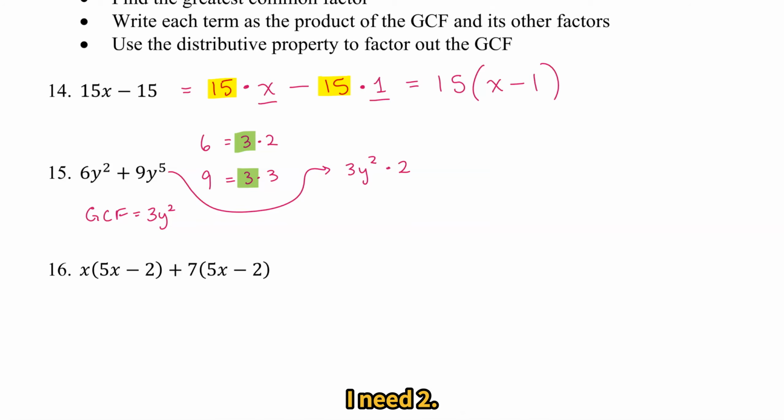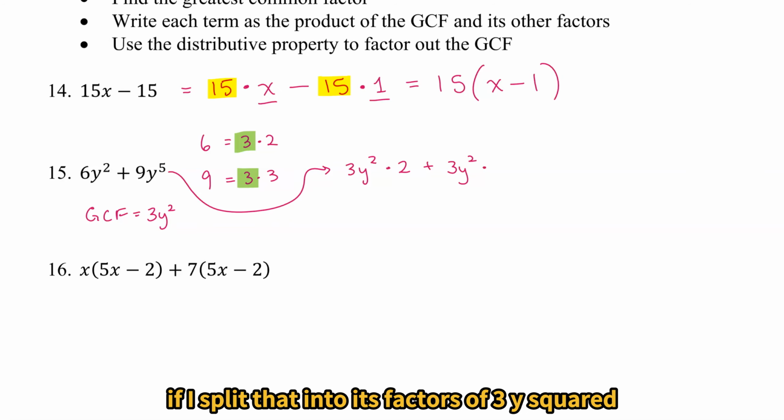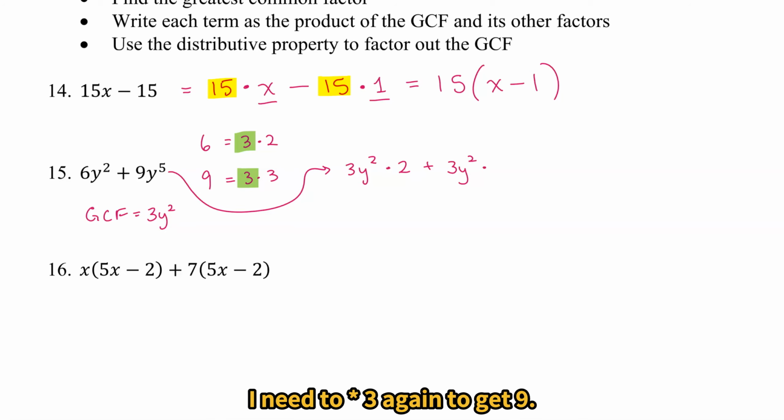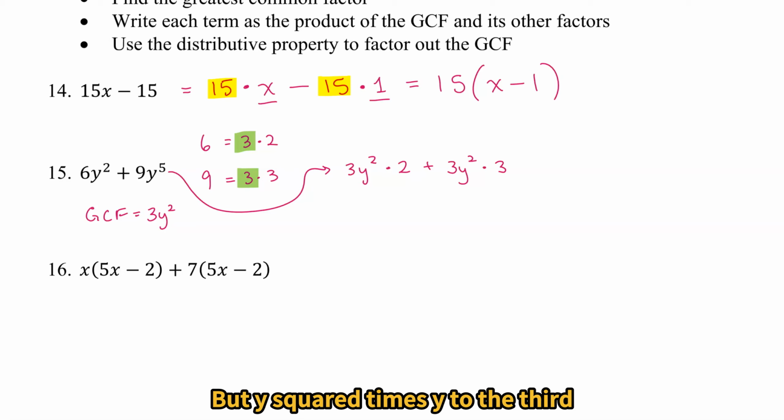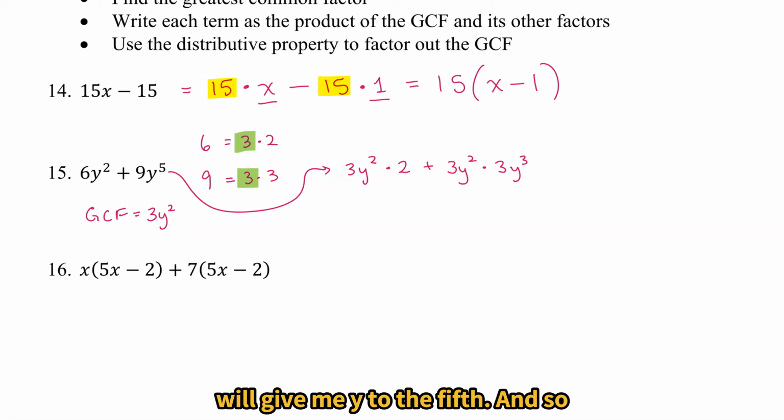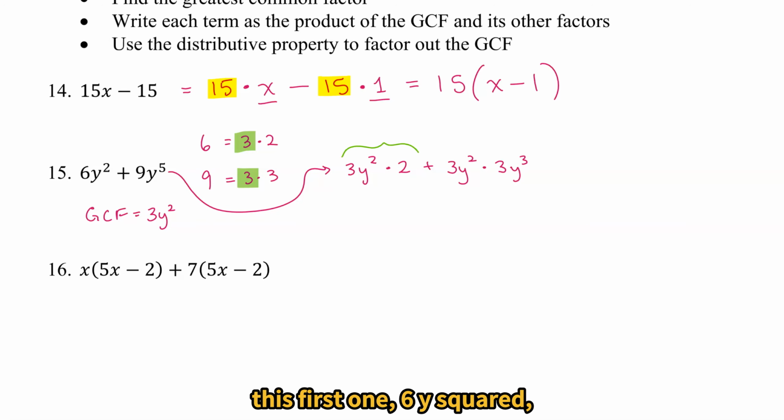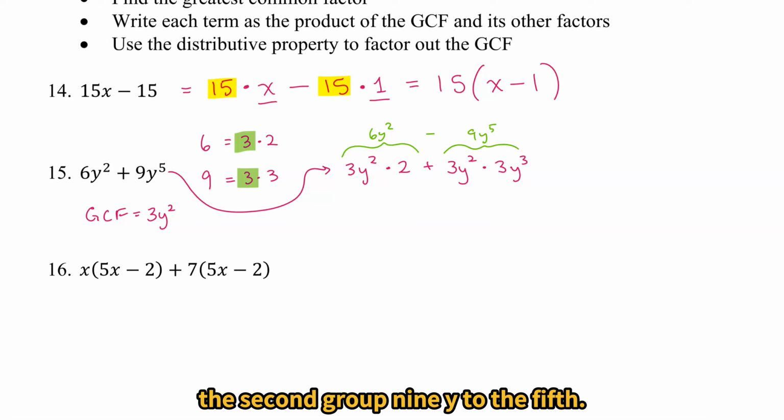I need 2. And then for 9y to the 5th, if I split that into its factors of 3y squared, I need to multiply by 3 again to get 9. But y squared times y to the 3rd will give me y to the 5th. And so this first one, 6y squared, the second group, 9y to the 5th.